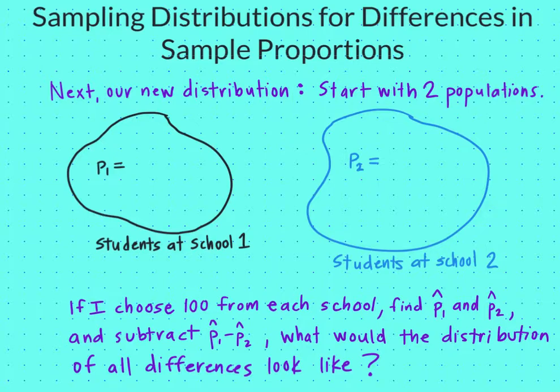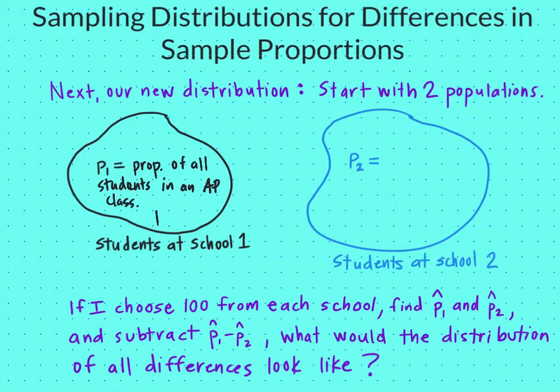So in this case, we're going to start with two populations. Let's just say students at school 1 versus students at school 2. And let's let these population parameters, P1 is going to be the proportion of all students in an AP class.